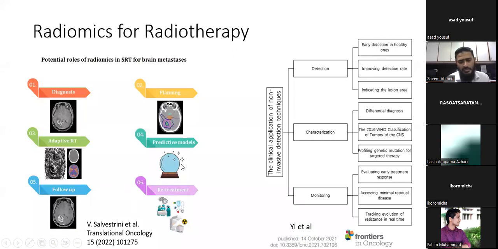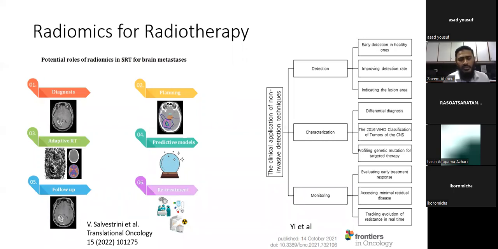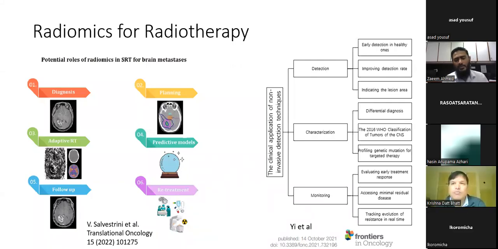Predictive models are available for different types of radiation for tumors going through radiation therapy. They can predict the outcome, or even any associated risk of the treatment. Radiomic features are available for this purpose.